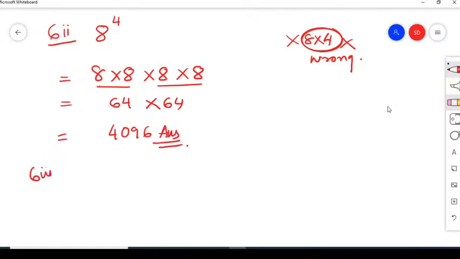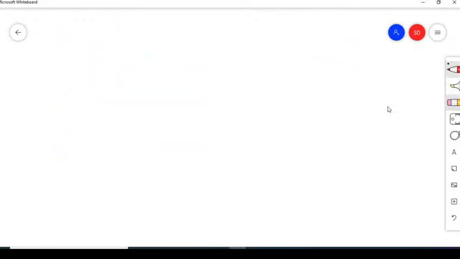6 part 3. Okay, I will do this on a new page. Six part 3. This is important. Okay, it's an important sum. 3 by 5 to the power 3.